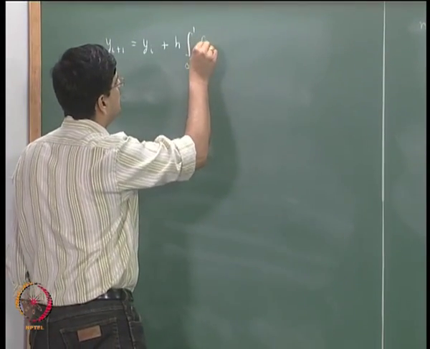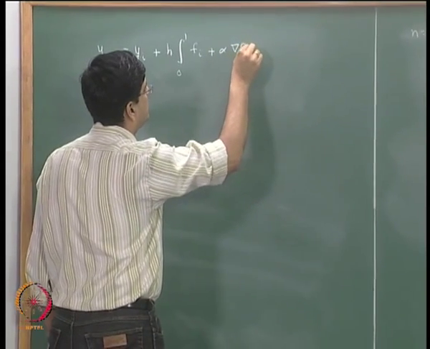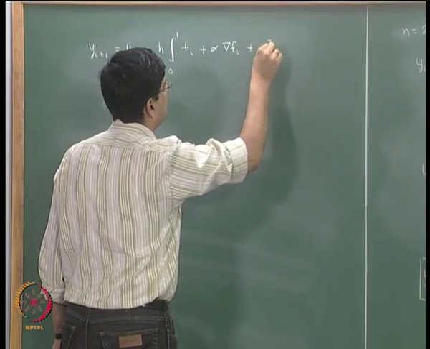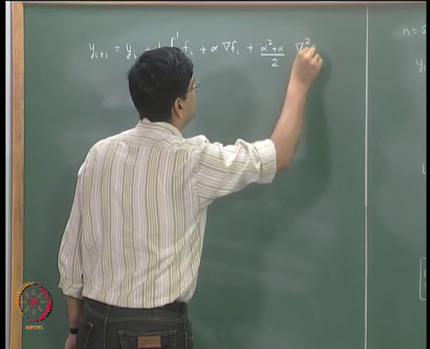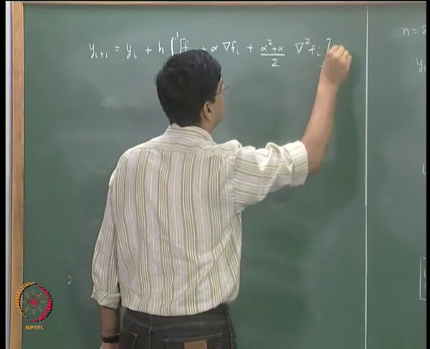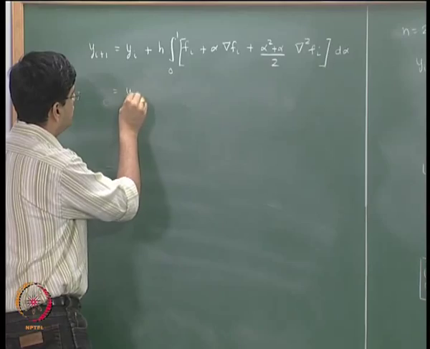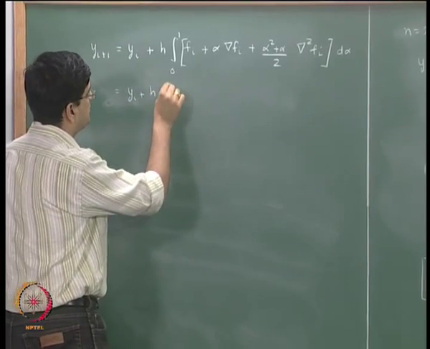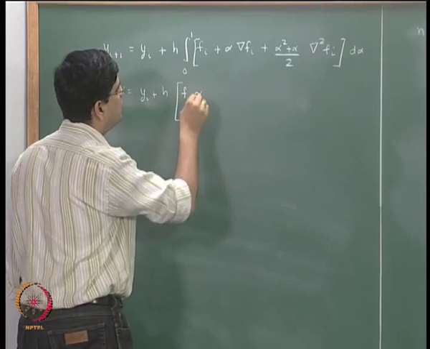So this is going to be fi plus alpha del fi plus alpha square plus alpha by 2 del square fi d alpha, which is going to be equal to yi plus h integral of fi alpha.